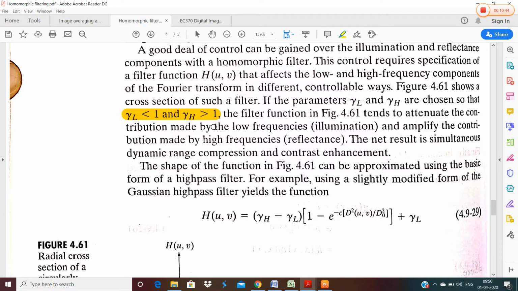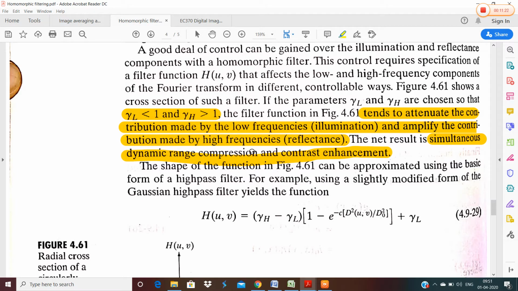What we are doing here is attenuating the contribution made by low frequencies and amplifying the contribution made by high frequencies. The net result is simultaneous dynamic range compression and contrast enhancement. You are highlighting your higher frequencies and you are attenuating your low frequencies. So the net result is dynamic range compression and contrast enhancement.